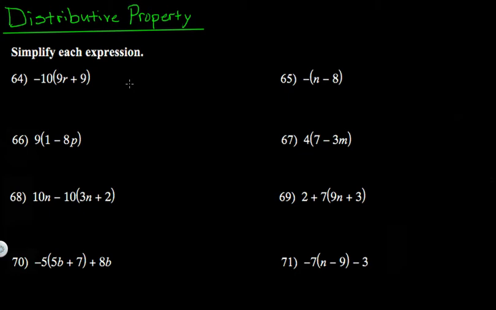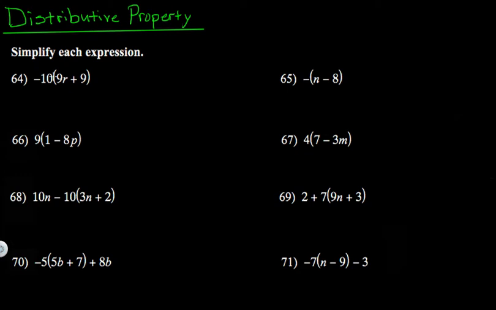So the way the distributive property works is pretty straightforward. You have some expression, and it can be a long expression or a short expression with only two terms like this. And you have some number outside of the parentheses, which is being multiplied by it. So the key here is that this is what's happening between this negative 10 and, for example, in number 64, the expression 9r plus 9 inside parentheses.